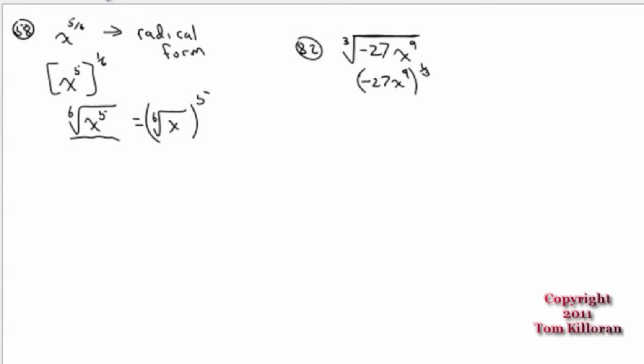All right, now we can use the laws of exponents. I have these two things multiplied together on the inside, and it's all being raised to the 1/3 power. This is where you get that idea of distributive, and I'd rather you not even think of it. This becomes -27 raised to the 1/3 power times x to the 9th raised to the 1/3 power.